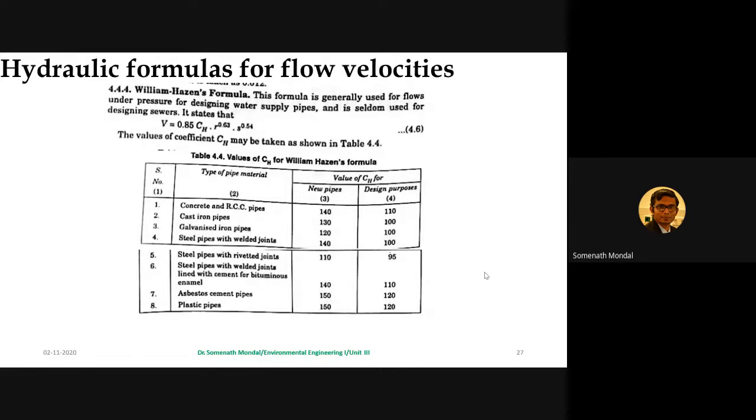For new pipes it is something, and for design purpose we can take a more conservative value, and we can do the design. Now we can see here we have concrete and RCC pipes, CI pipes, GI pipes, steel pipes, and steel pipes with different joints. So this is also very important. Depending upon the joint, the rugosity coefficient can be altered, and that has been incorporated in the formula of Hazen-Williams.